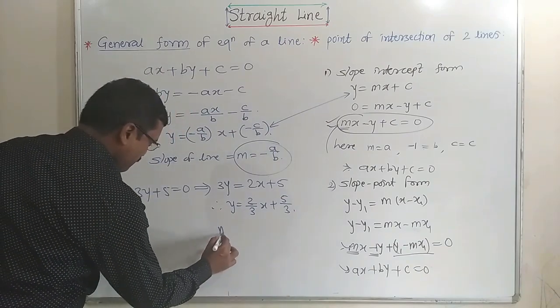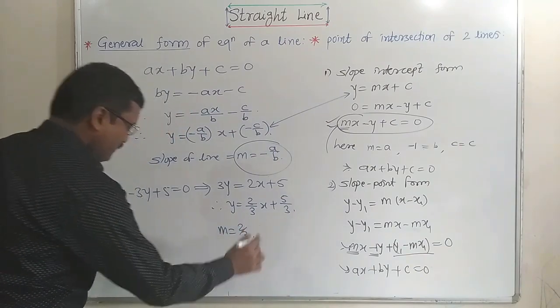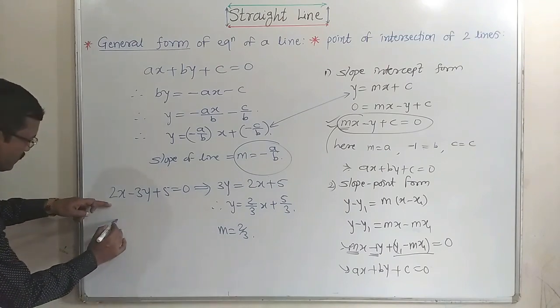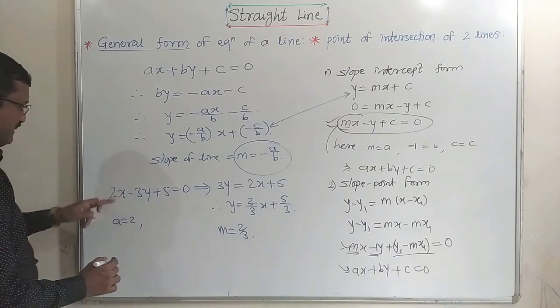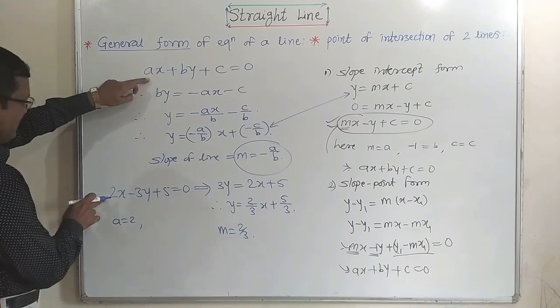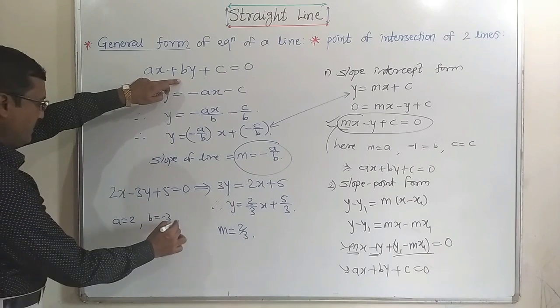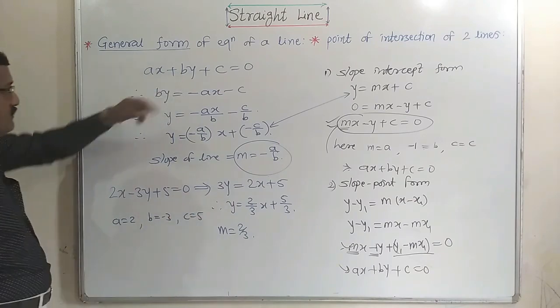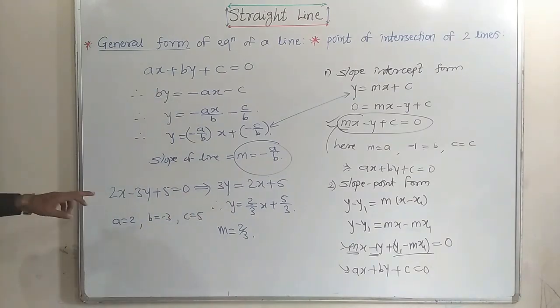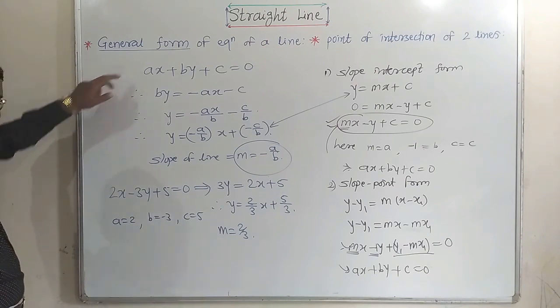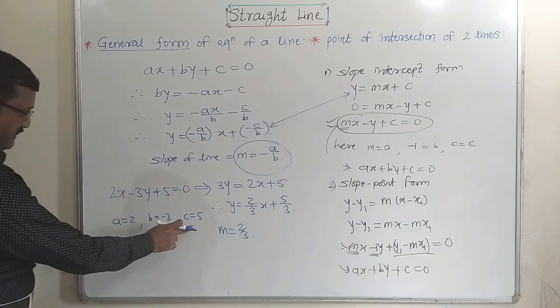So here slope m is equal to 2 by 3. How do we get this 2 by 3? Comparing the given equation with the general form of equation of line, we get A equal to 2, B equal to minus 3 and C equal to 5.